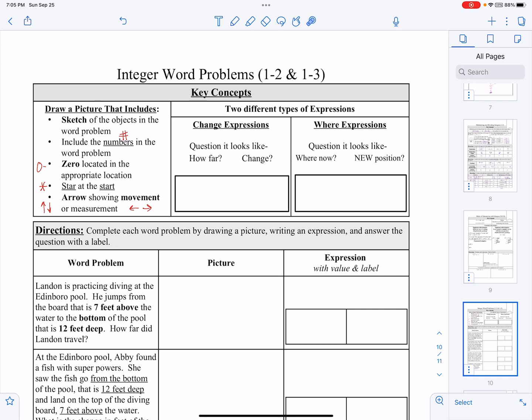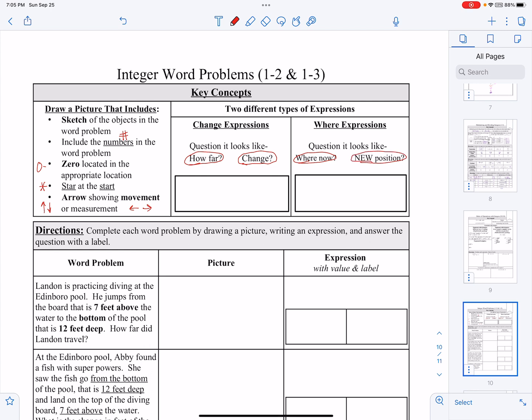We're going to be looking at two different kinds of expressions. Ones that deal with change, and change is going to be things like, in the question you'll see, how far did they travel, or what was the change in distance. And then the other one is where expressions. So they'll say, once you've gone this amount of change or distance, what is the new position, or where are we now?